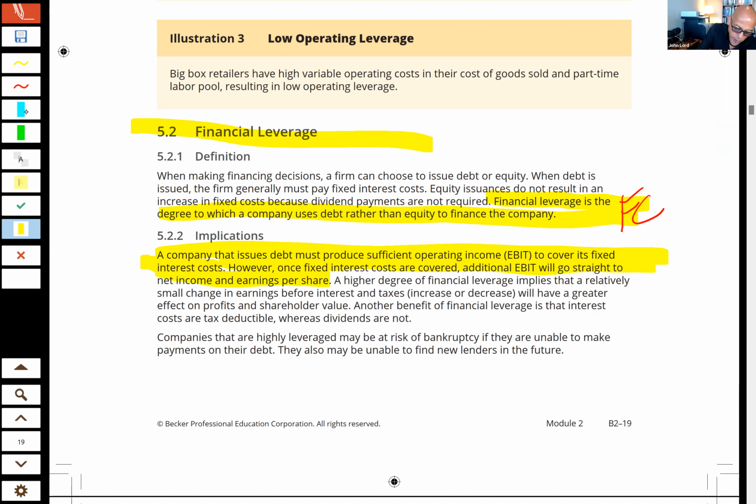Okay, now a higher degree of financial leverage implies that a relatively small change in earnings before interest and taxes will have a greater effect on profits and shareholder value. Another benefit of financial leverage is that interest costs are tax deductible, whereas dividends are not. Why don't we flashcard that?